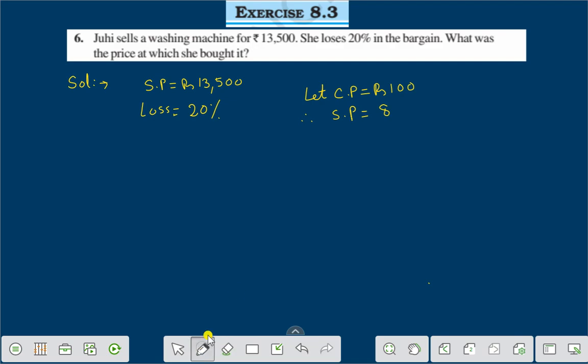Now, when selling price is rupees 80, cost price is rupees 100.